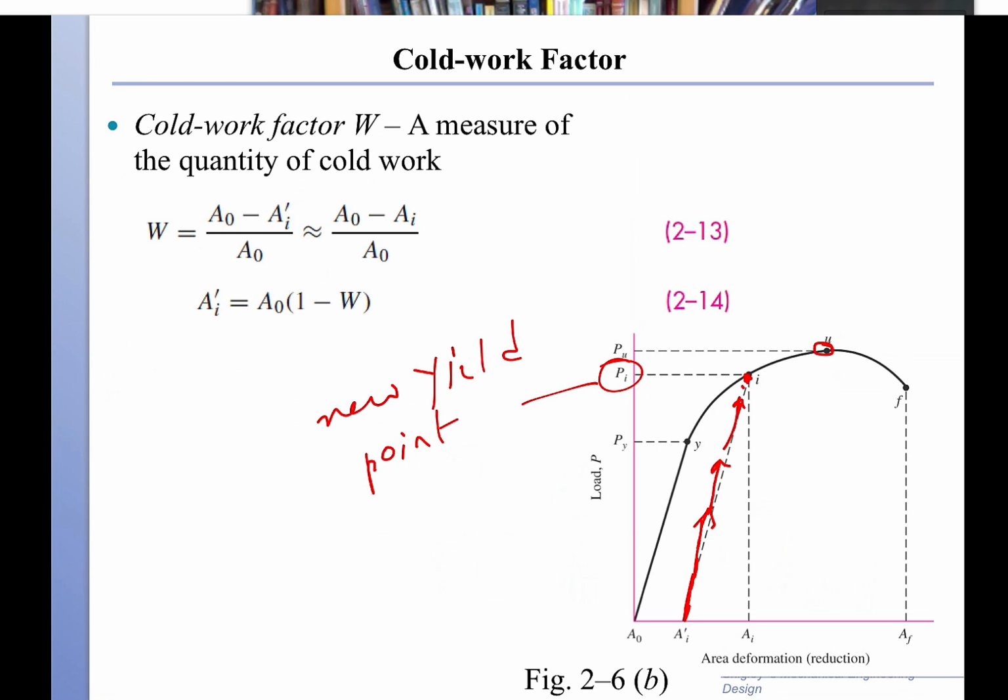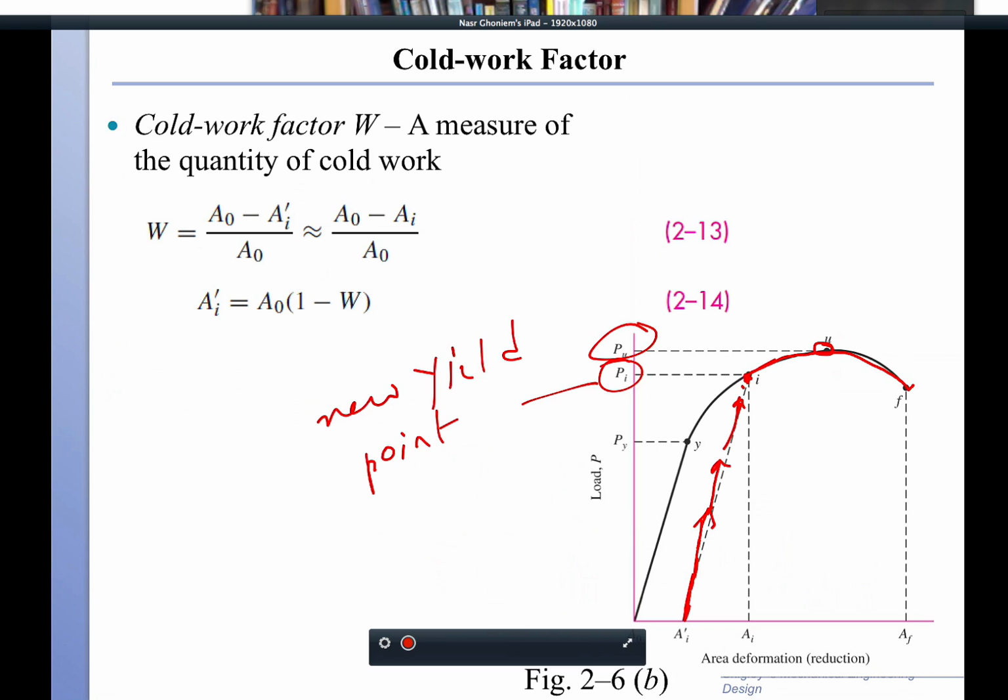However, the ultimate load, P ultimate, is the same, and the deformation will go on this route. So we ask ourselves, if the ultimate load is the same but the area has reduced, what is now the new ultimate strength of the material? It's basically load conservation. The load is equal to the area times the new ultimate strength of the material.